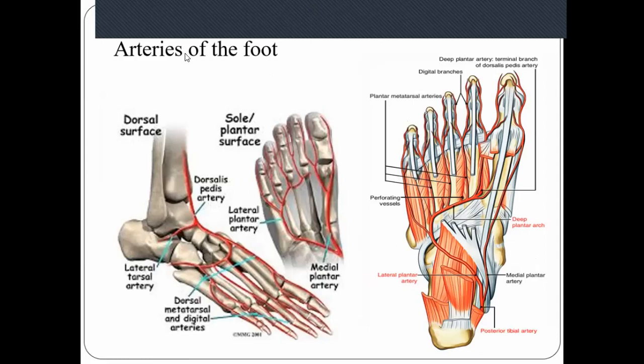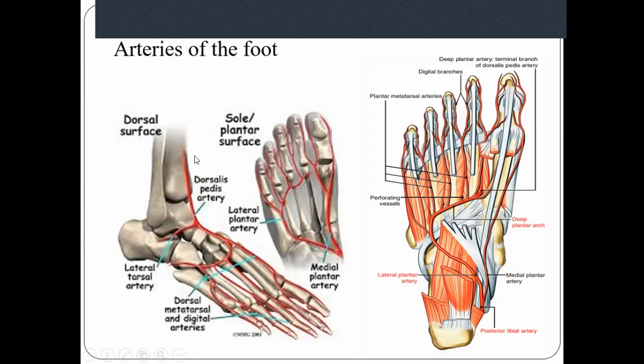So the next thing is the arteries of the foot. Mainly the arteries supplied to the foot are the branches of the posterior tibial artery and the dorsalis pedis artery. In these pictures, you can see the dorsal surface arteries and the sole surface arteries of the foot.